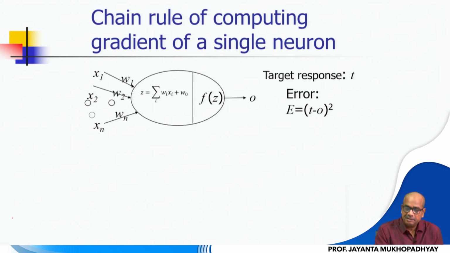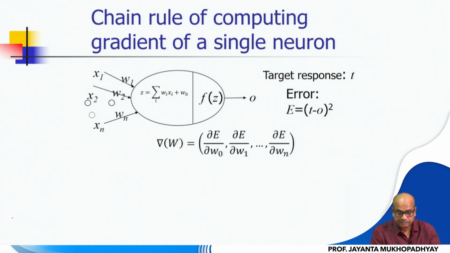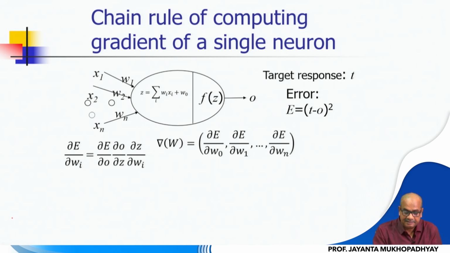By applying the chain rule, we first need the gradient of the error with respect to the output O. Then the derivative of O with respect to Z should be computed.